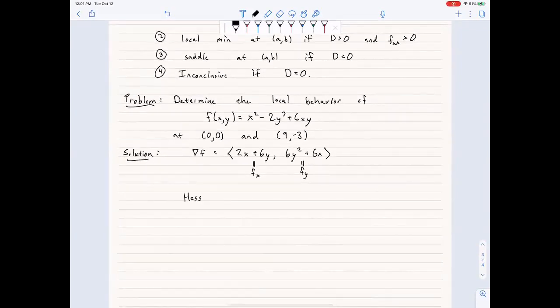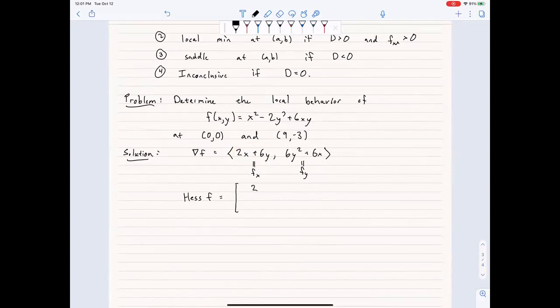And why am I mentioning that? Because if you want to calculate the Hessian, which you do if you're going to apply a second derivative test, it's good to know the first derivatives. So if you've already computed the gradient, don't do what I just did and recompute it. Just look back up at your formula, and I can take the x partial of this to get f_xx, and that will be 2.